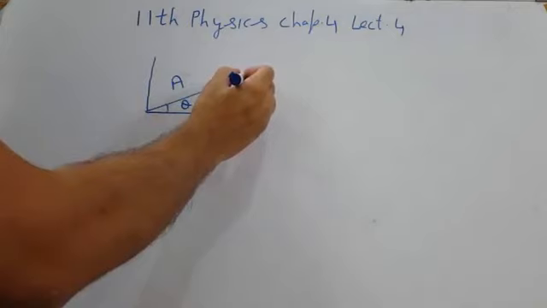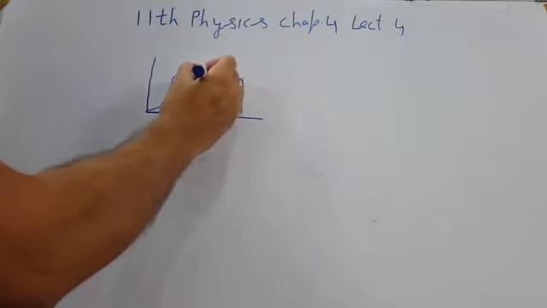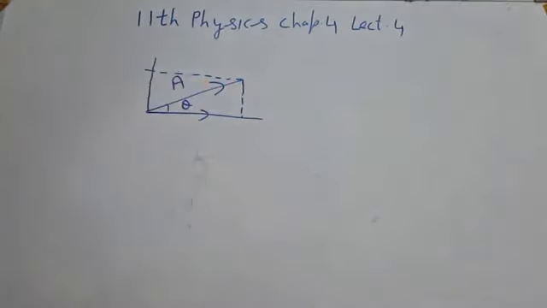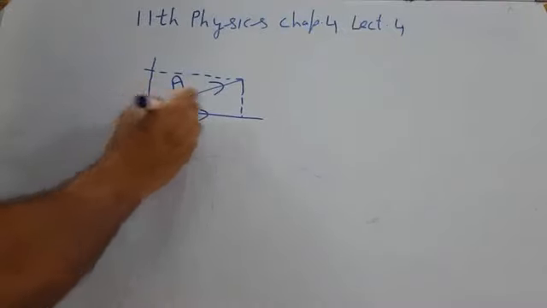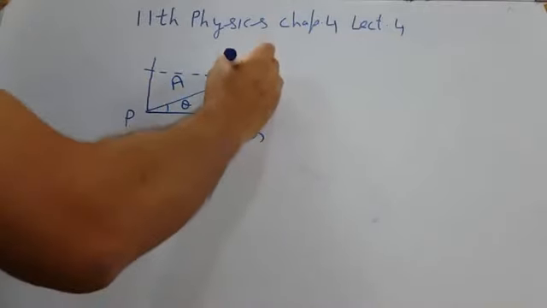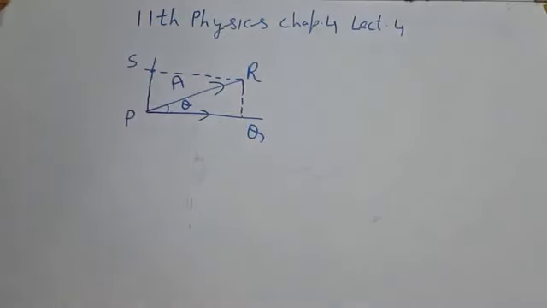From the end of this vector, draw a perpendicular on this line and similarly on this line. So it will be a rectangle. Suppose I say it is P, it is Q, it is R and it is S. So PQRS is a rectangle.